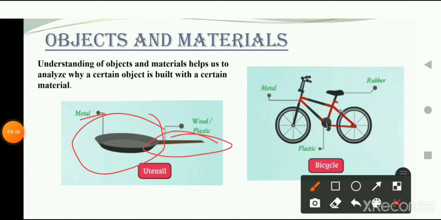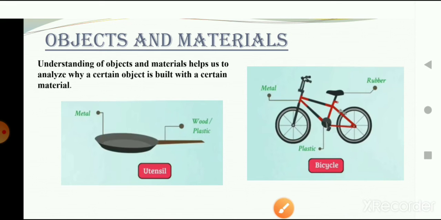Suppose the handle of the utensil is also made from metal. What will happen? You know that we cannot hold the handle of that utensil. Okay, so these are some examples. I hope this part is also clear to you, why we use a specific type of material to make a specific type of object.